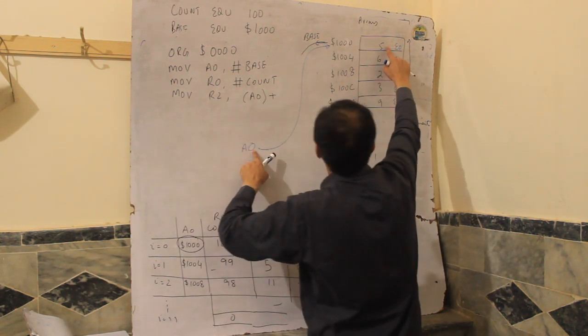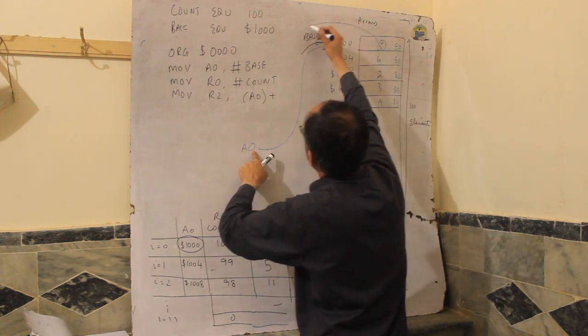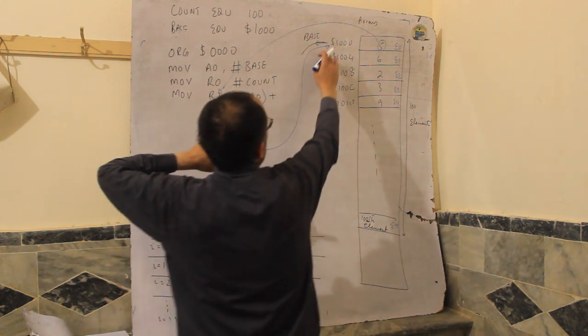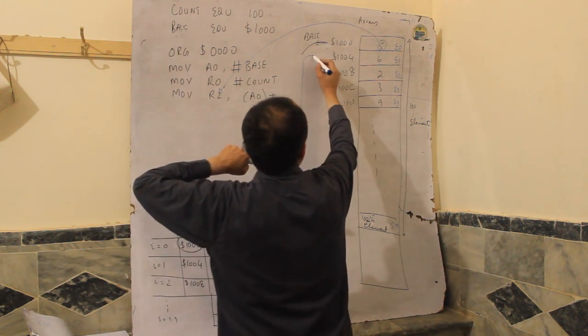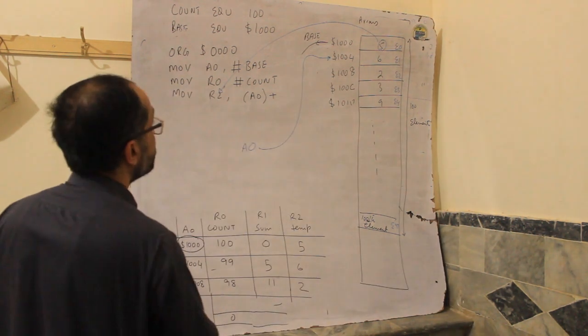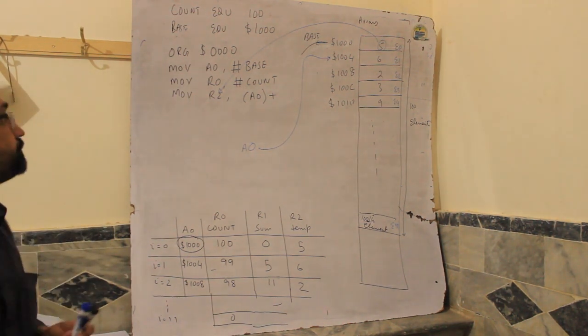This value will be accessed. What is the value? 5 will be moved into R2, and A0 will point to the next element. So we are using register indirect with post increment addressing.